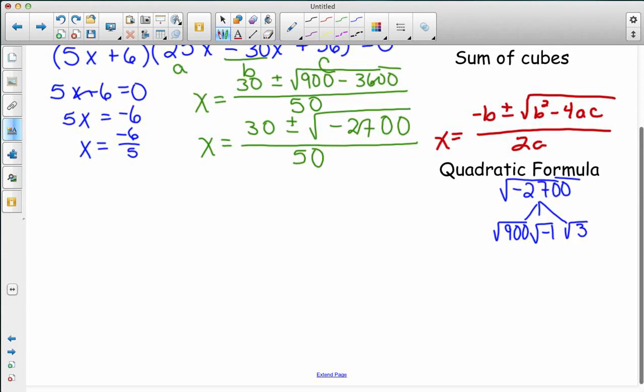Why does that help me? Because I know that the square root of 900 is 30. And I know that the square root of negative 1 is i. And the square root of 3 cannot be simplified, so we leave it as the square root of 3. Now I can go back to my quadratic, and I can do some simplifying here.